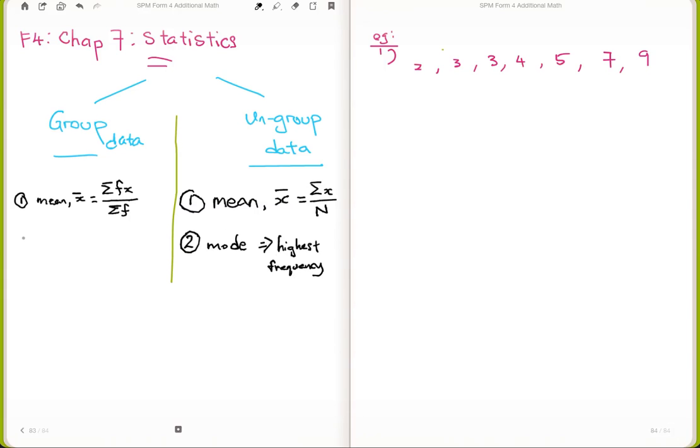Frequency will be here. The same goes with the group data. The mode is the most frequent occurrence of a number.